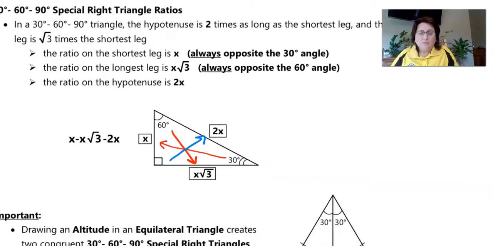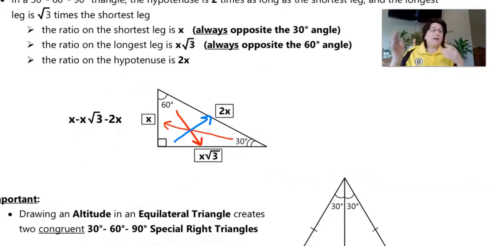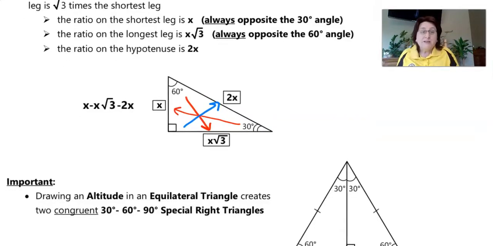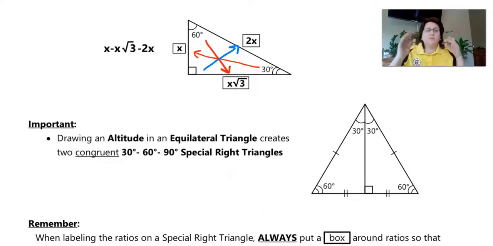Having said that, you see we have some different ratios and some different angle measurements, but this is always true for every 30, 60, 90 degree triangle in the world. Something I want to point out: do you remember for a 45, 45, 90, if we took a square, the diagonal cut it into two congruent 45, 45, 90 triangles?